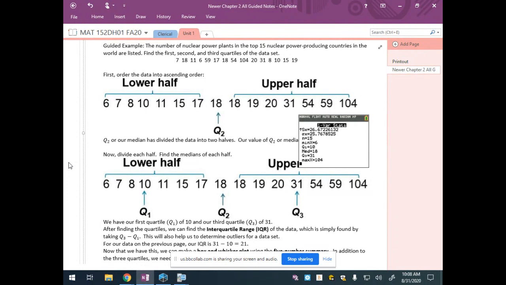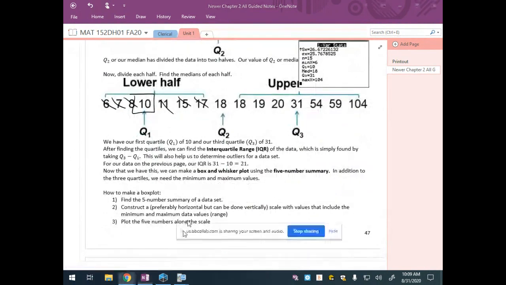Never will I ever tell you to find a quartile by hand, because in the real world, we just use a calculator. But basically, it's just like finding the median of a lower and an upper set of data. So our first quartile is 10, and our third quartile is 31.